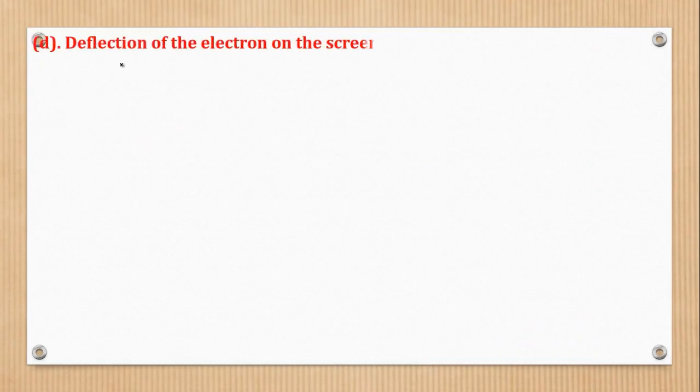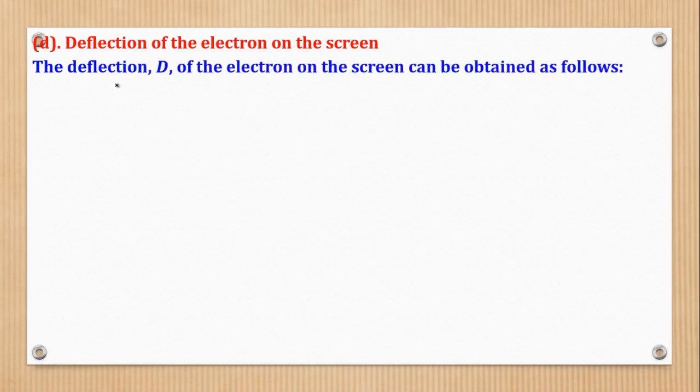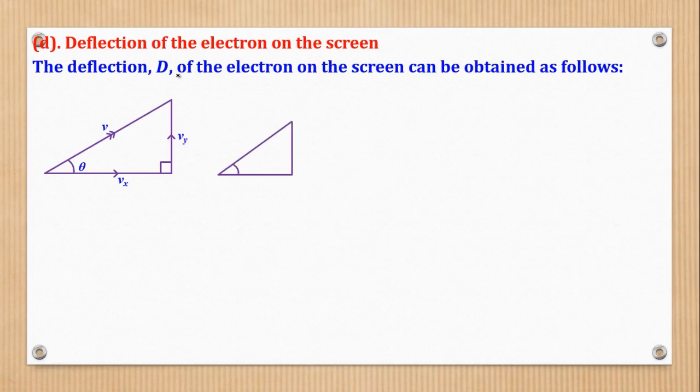What about deflection of the electron on the screen? So the deflection d of the electron on the screen can be obtained as follows. We shall draw similar triangles, one for the velocity, another one for the distances. Remember, capital L was the distance from the center of the plates to the screen, and D was the deflection.